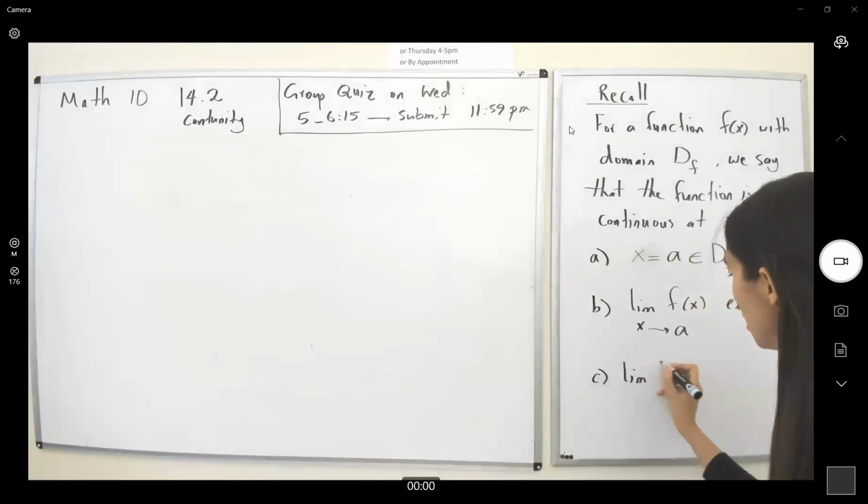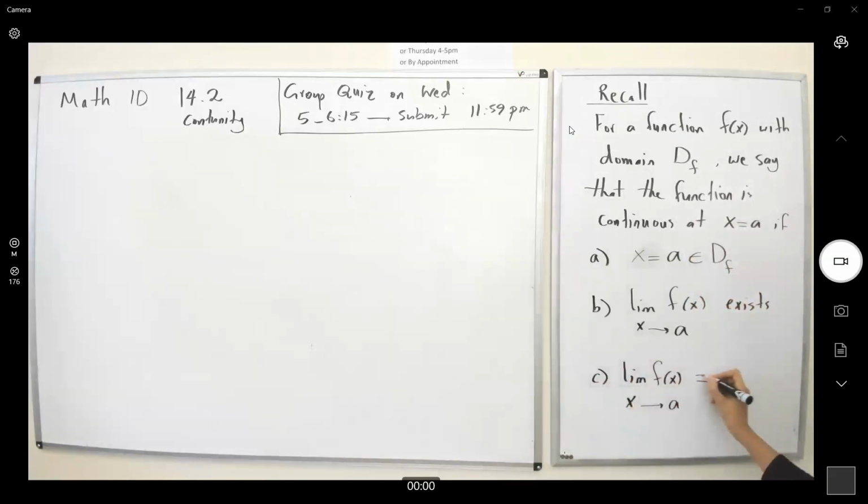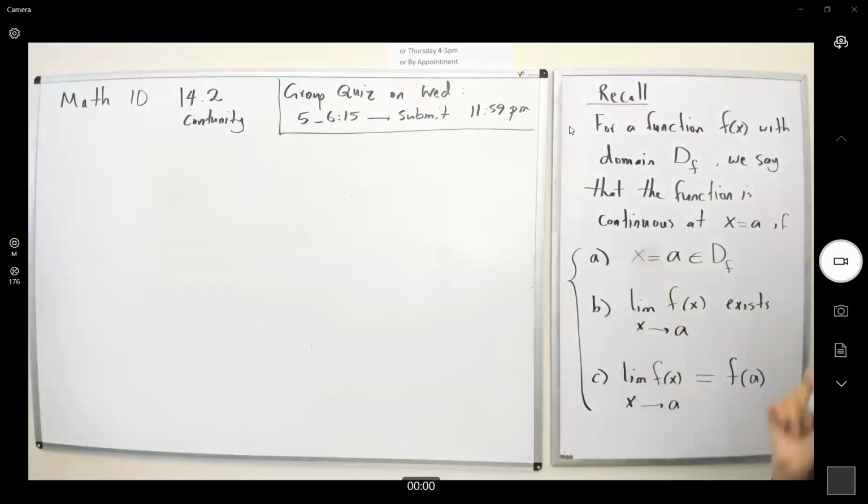The limit of the function as x approaches a is nothing but the y value of the function after we substitute a into the function. So you have to check all of these three conditions to make sure your function is continuous.